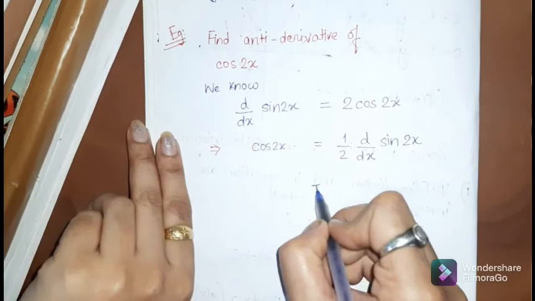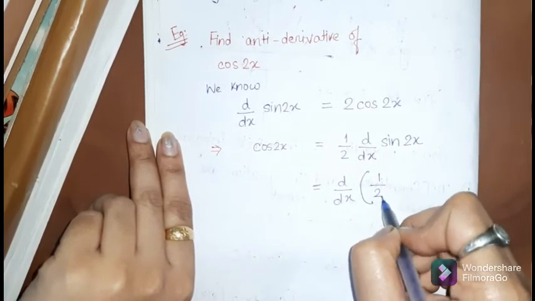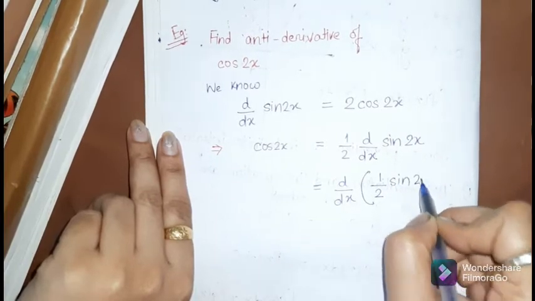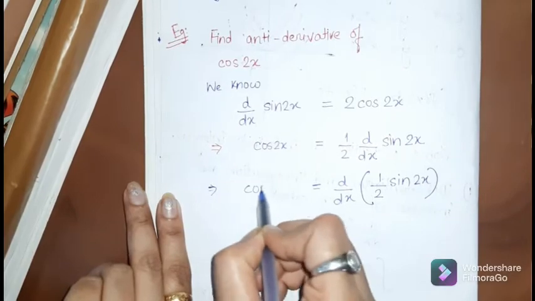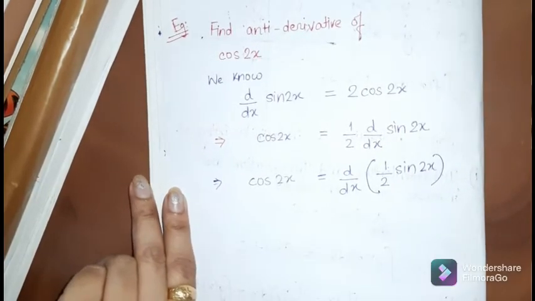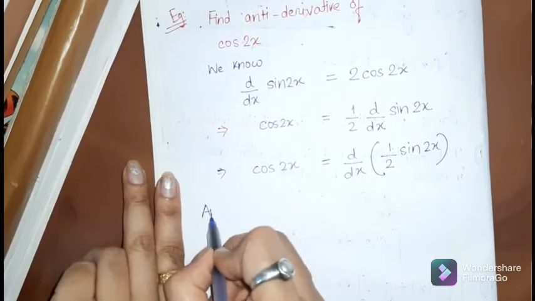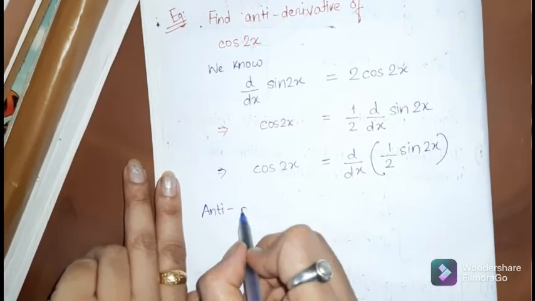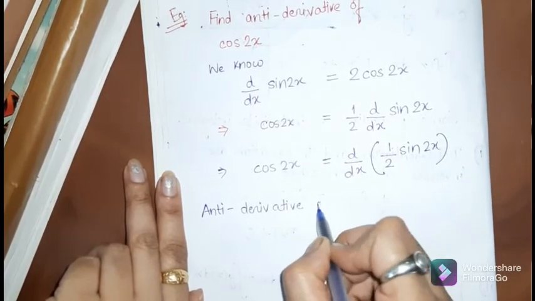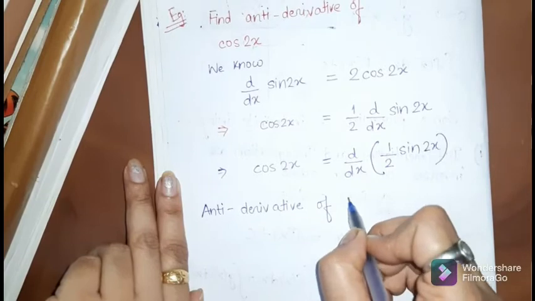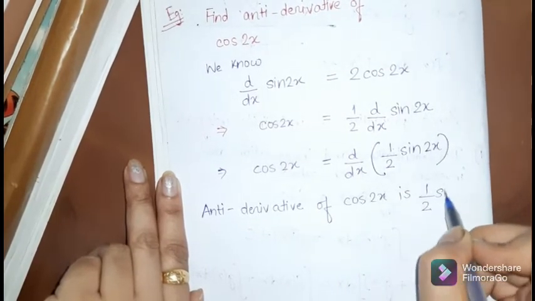This can be written as the differentiation of half sin 2x is equal to cos 2x. So from here we write the antiderivative of cos 2x is half sin 2x.